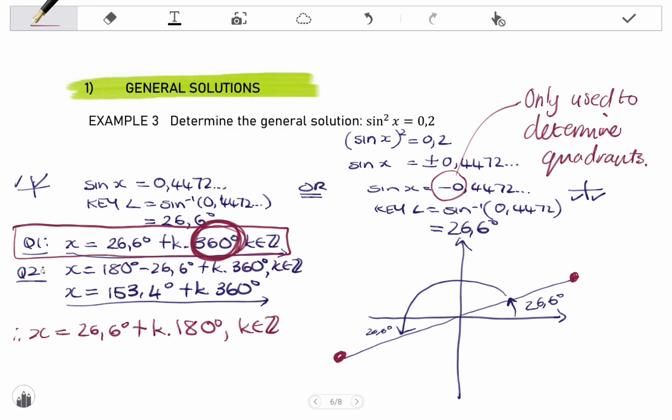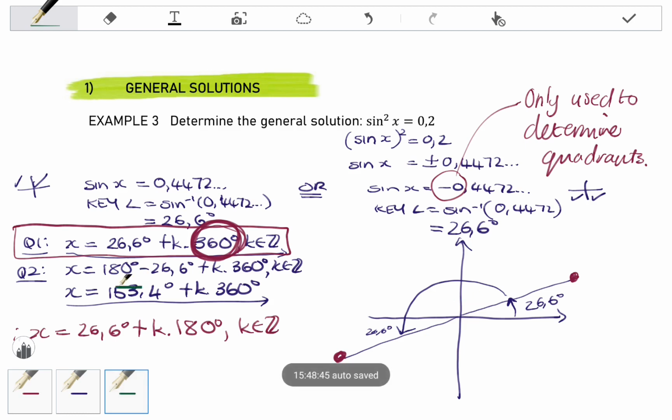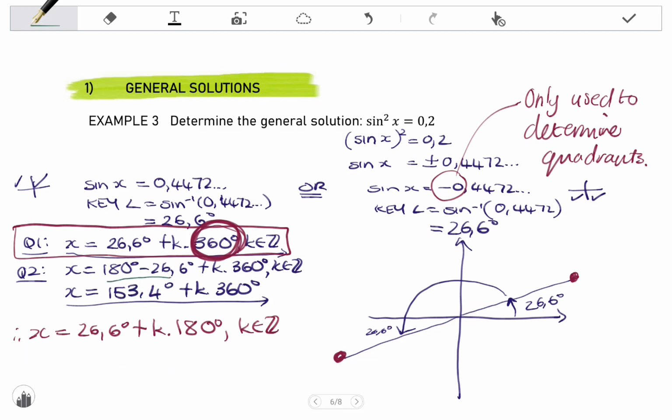The same goes for the second quadrant and the fourth quadrant. My angle in the second quadrant is 153,4 degrees. But if I were to add 180 degrees, I'd get to the equivalent in the fourth quadrant.